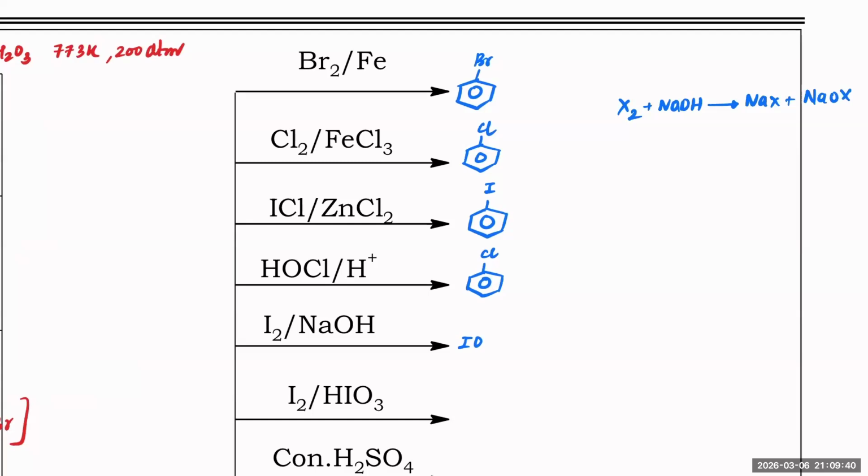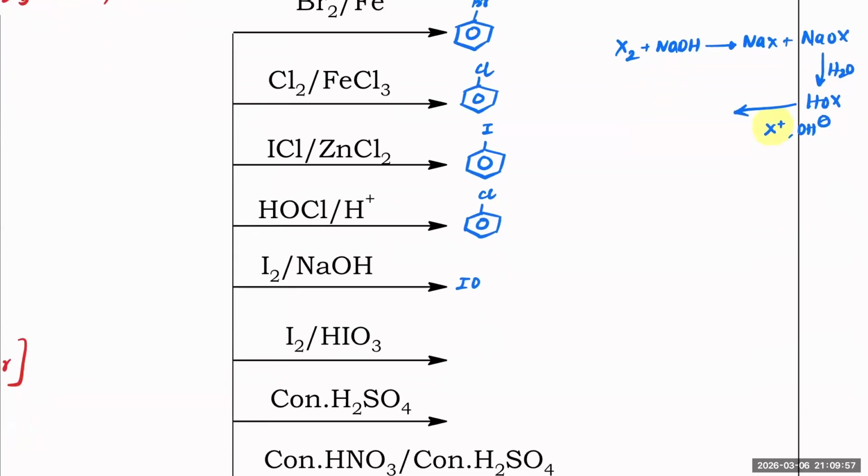This NaOX on hydrolysis in water can be converted into HOX, and this HOX will have H plus and OH minus part. So basically here we'll have this X plus. That means here we'll have iodine plus.